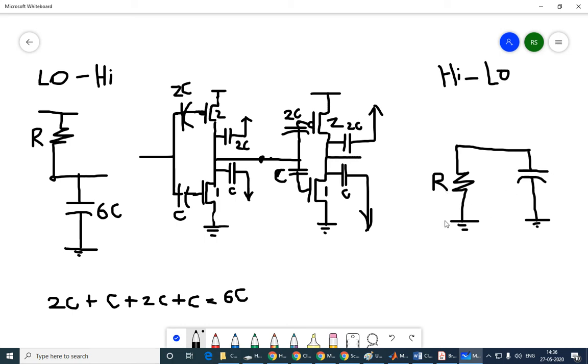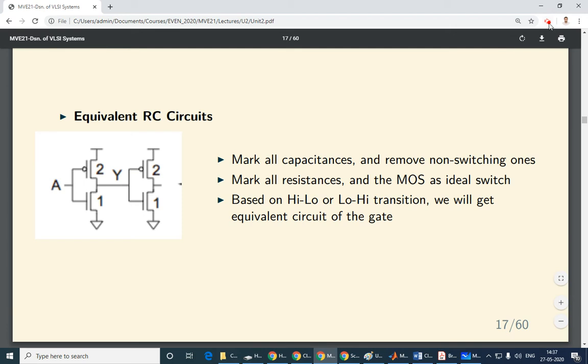If you look at this capacitance, it is the same thing, sum of all the same things, so this is also going to be exactly the same value of 6C. So we have the equivalent circuit for the high to low and the low to high transition. Most importantly, both are the same, which means that our TR and TF is going to be approximately the same.